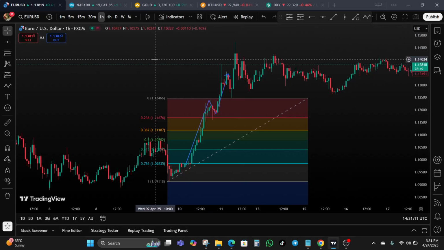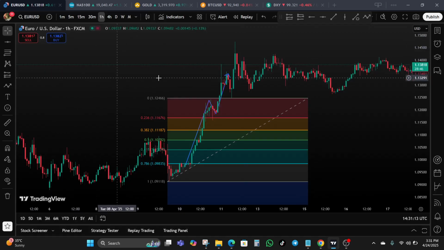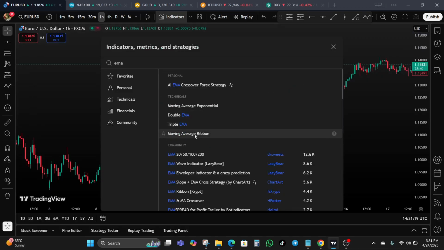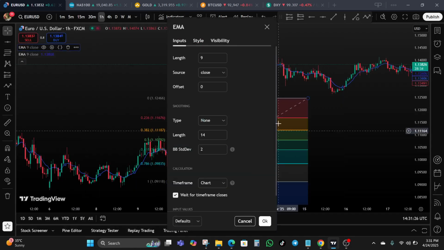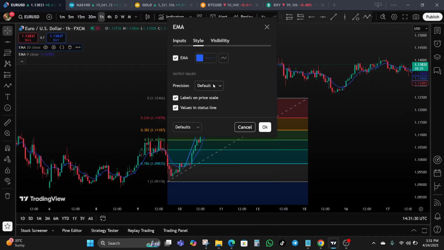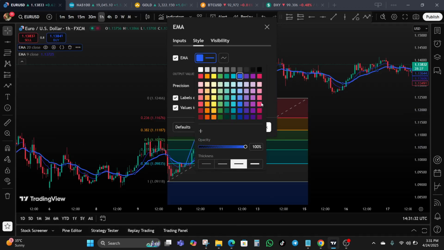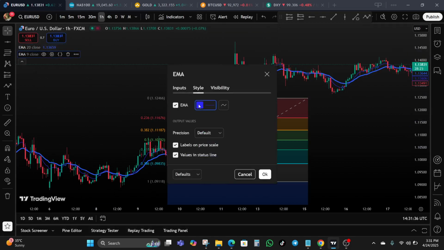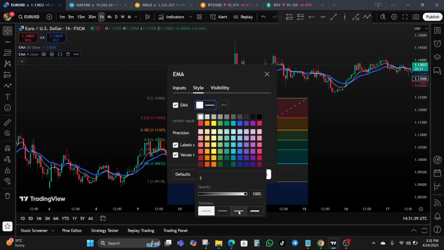You want to combine them with candle confirmations or structure for better entries. Next up is the 20 EMA and 50 EMA combo. So we want to add the 20 EMA and the 50 EMA, both of them, to the chart. I'm just going to change the color for easier identification.